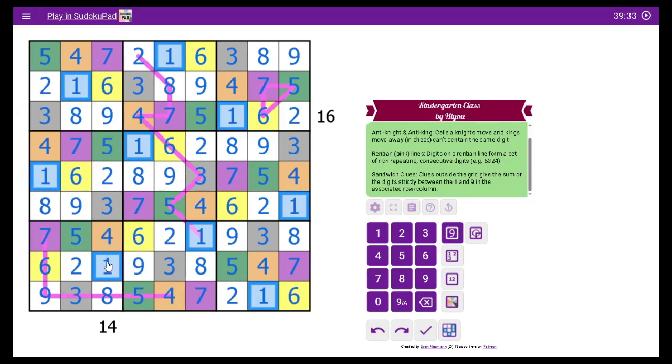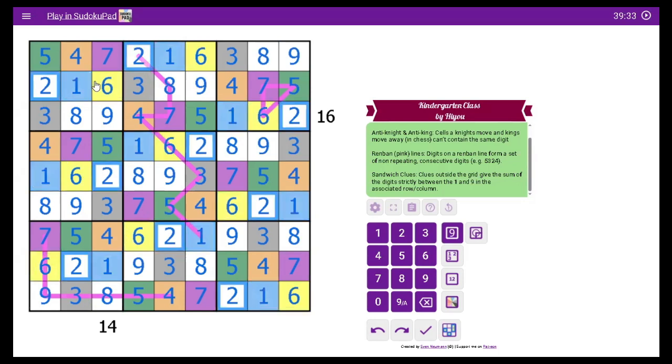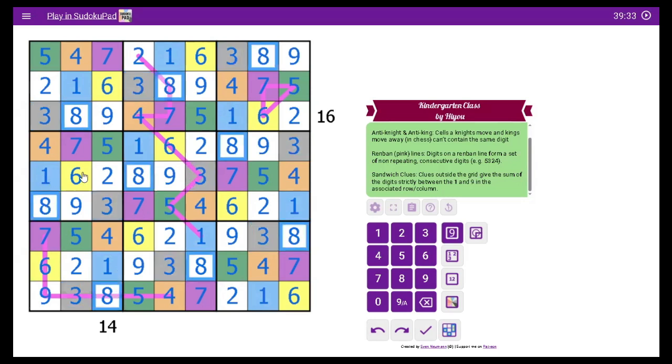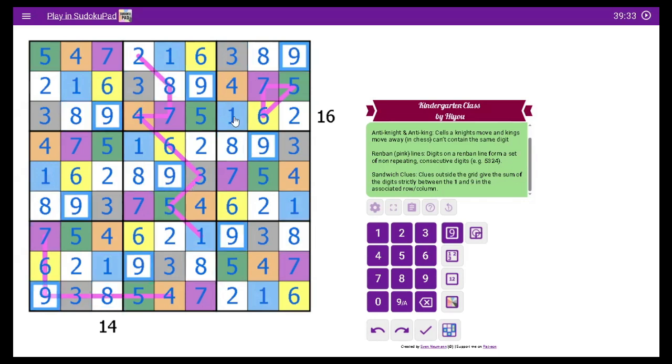Instead of 1, 2 spaces, if you go 1, 3 spaces, you'll get the next digit. Same thing with the 6s, the 2s. They all follow that pattern, which may just be a property of combining those two constraints together. Every single digit follows that, like step down, step up type pattern.